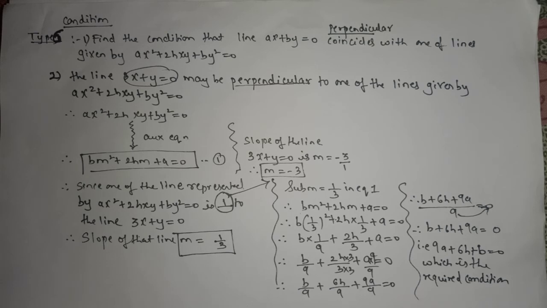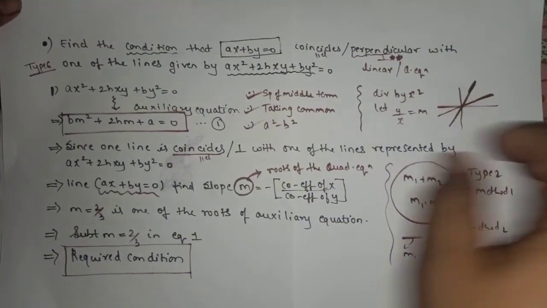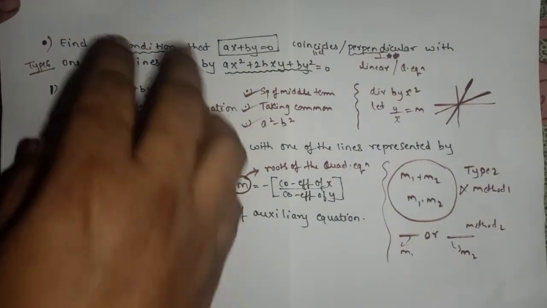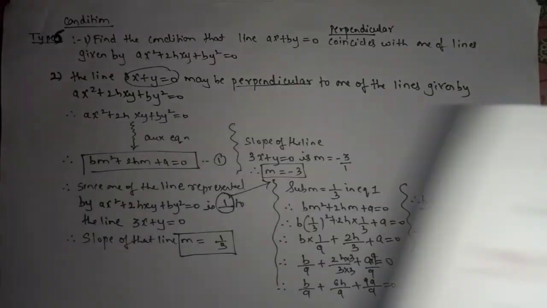perpendicular and when the line is parallel. So let's have a quick revision. We started with the concept, where we saw the steps of how to present the sum and how to find the required condition.